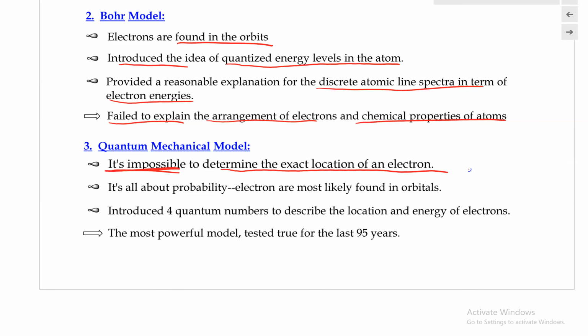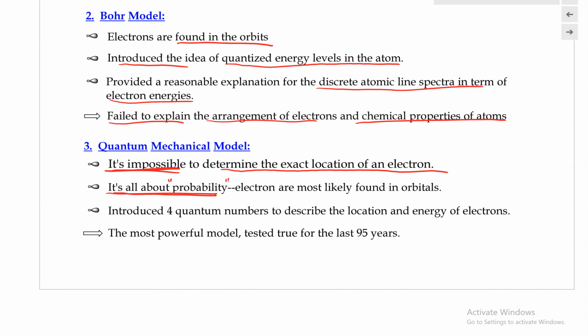So everything is about probability. In the quantum mechanical model, we will hear this term probability quite often, meaning that we can only know where the electrons are most likely to be, but we don't know for sure.